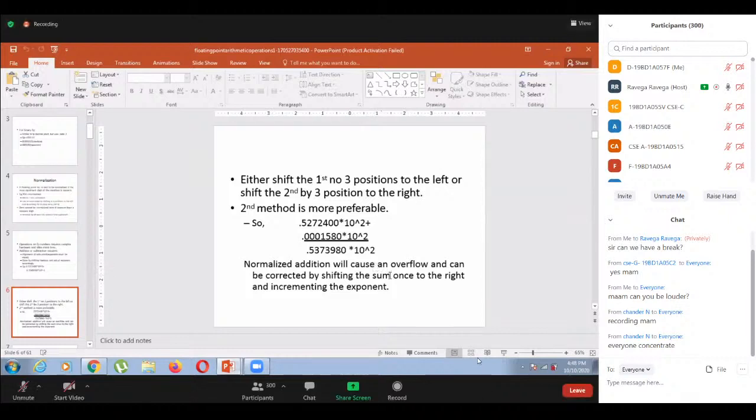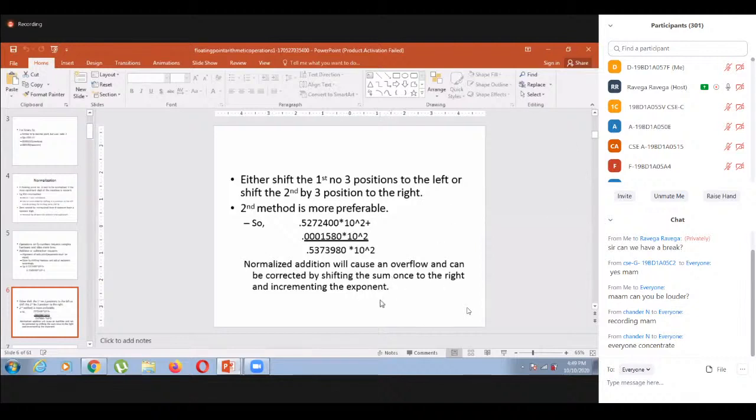So how do you perform the floating point addition operation? First you compare the exponent values. If the exponent values are equal, then you can perform the addition. If they are not equal, the least exponent value will be incremented to the more exponent value.